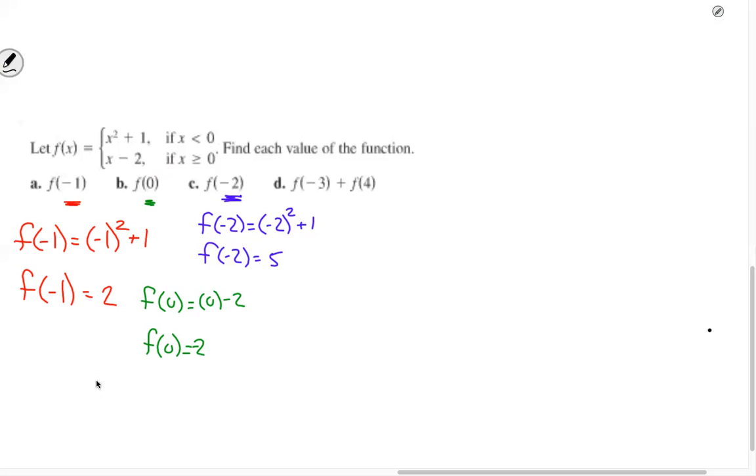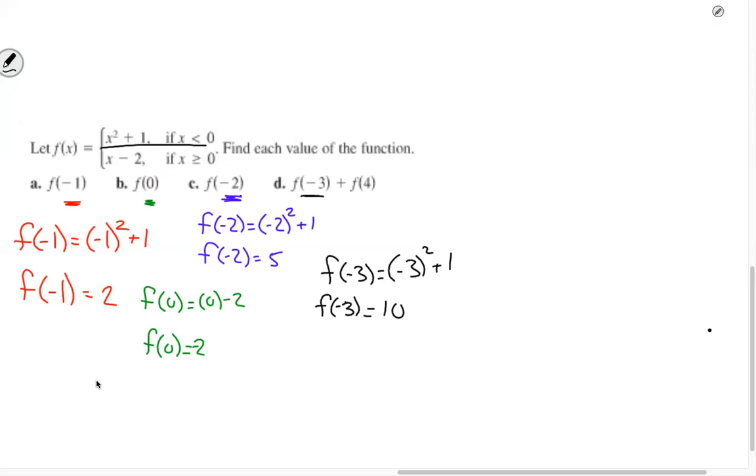Now for the last one, we have 2 parts. So f of negative 3 falls into this piece. I plug it in there, and I get 10.